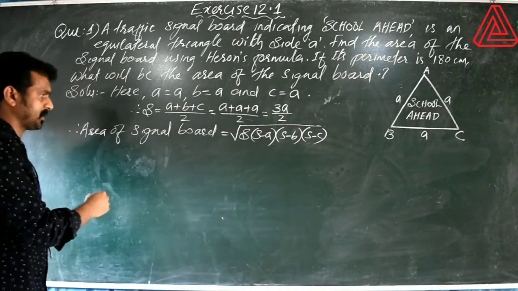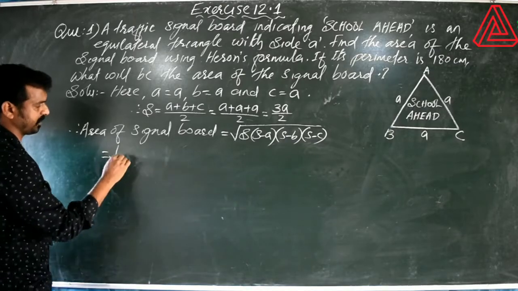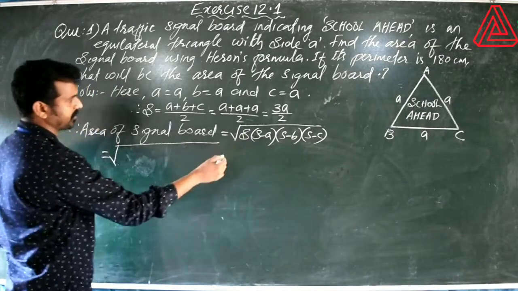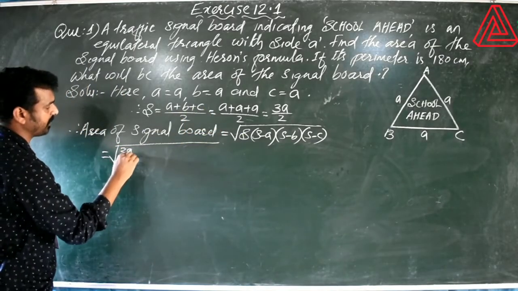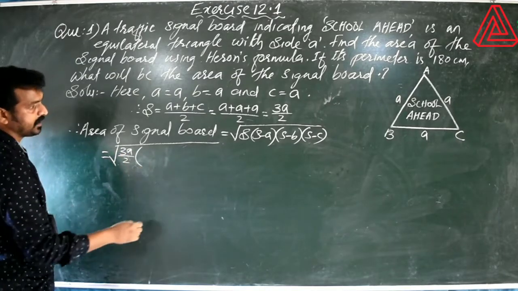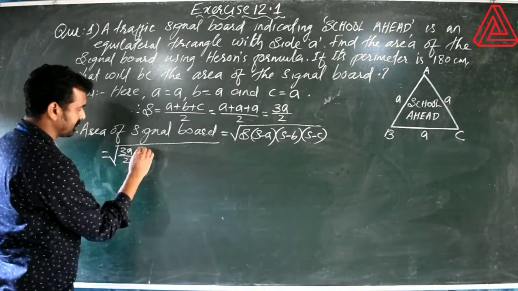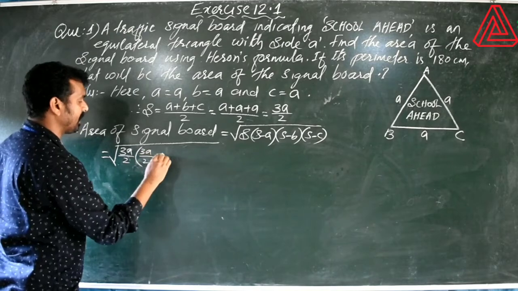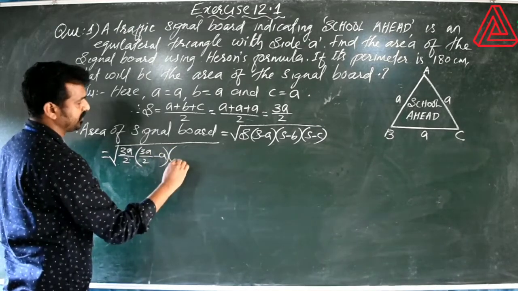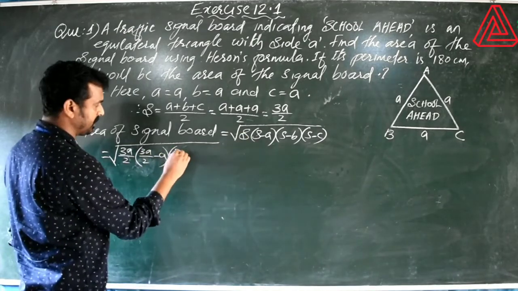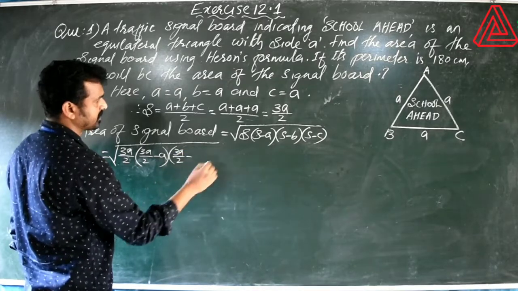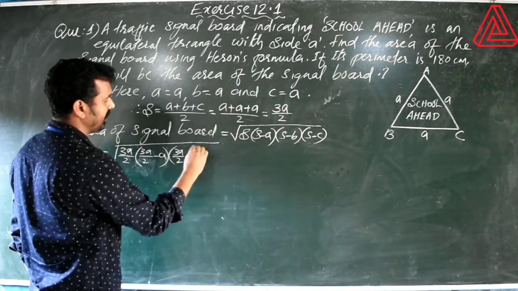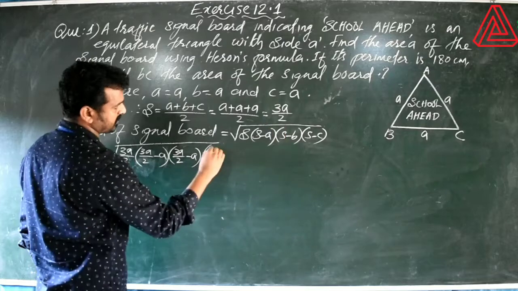Substituting the values, s is equal to 3a by 2, into (s minus a), that is 3a by 2 minus a, into (s minus b), that is 3a by 2 minus a, into (s minus c).